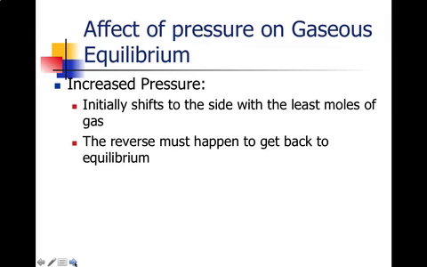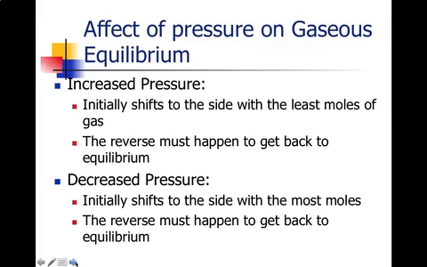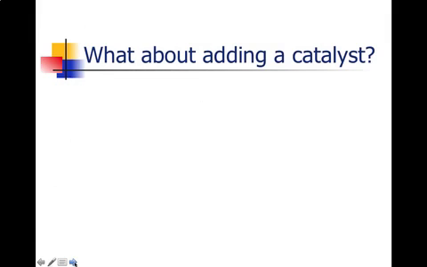My least number of moles, so then to get back, I need to have the reverse happen. If I decrease the pressure, we're going to have an initial shift to the side with the most number of moles, and then the reverse must happen to get that back to equilibrium. So I'm looking not only at what's happening right away at the beginning, but what has to happen to get it back at the end.